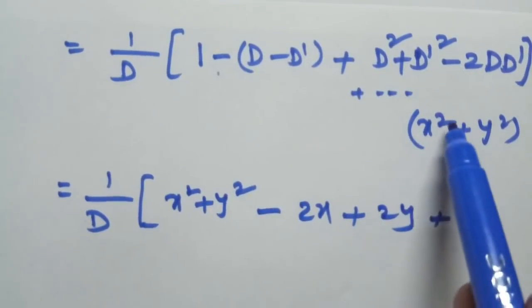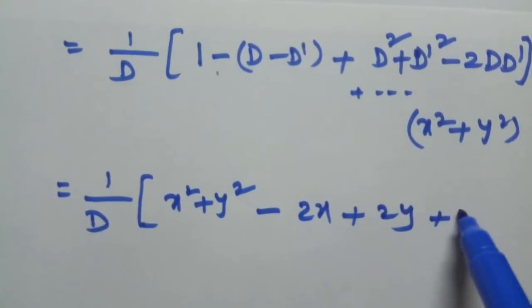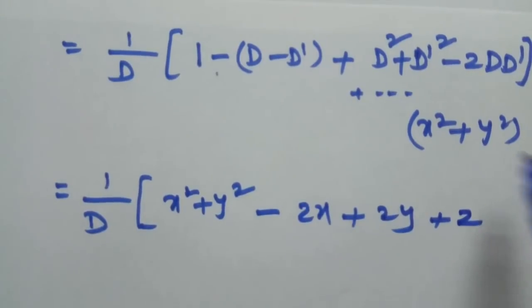First derivative is 2x, second derivative is 2, third derivative becomes 0.